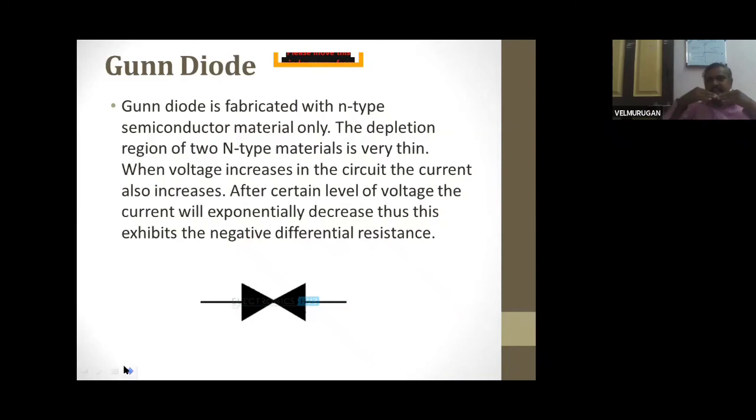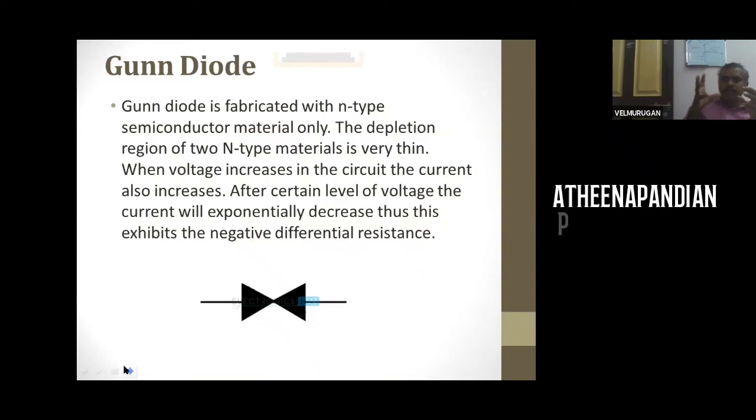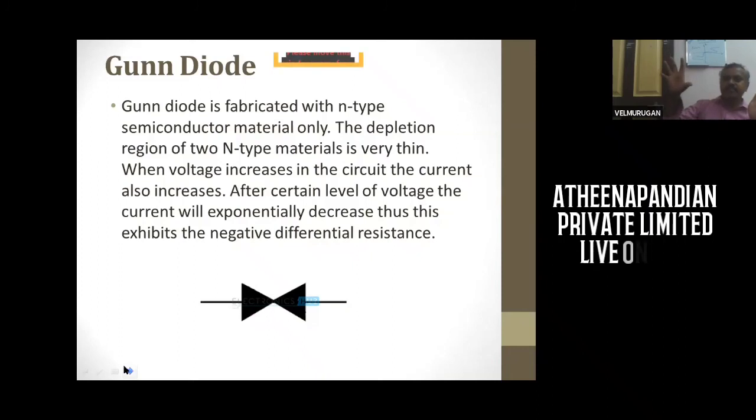Voltage increases, and current also increases. After a certain point, it flows as a negative resistance. Current and voltage both increase, just like a gun firing. That's the beauty of the Gunn diode.